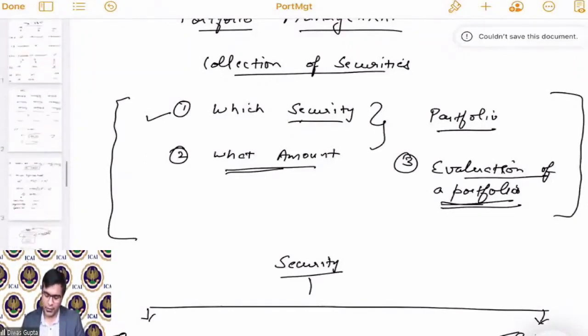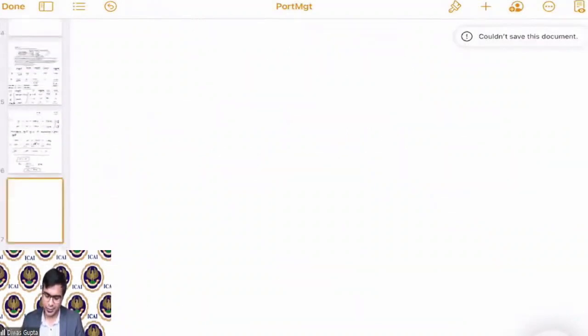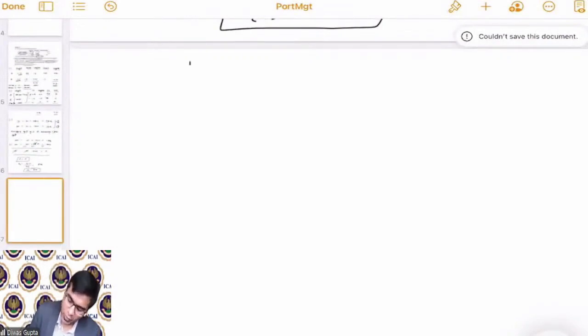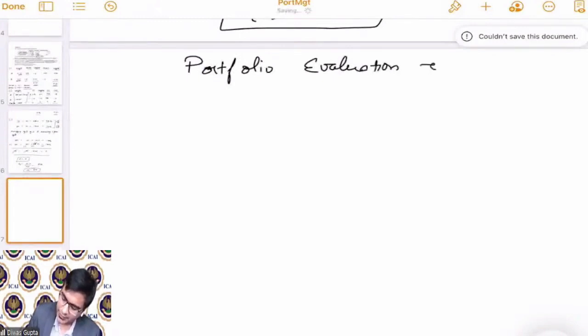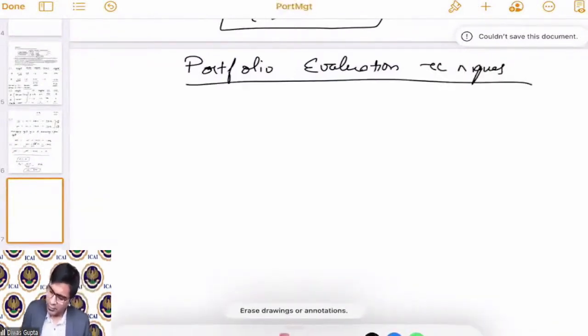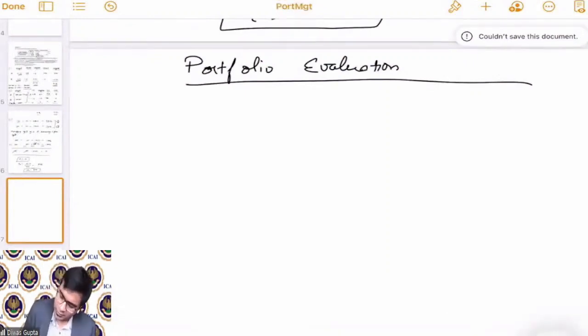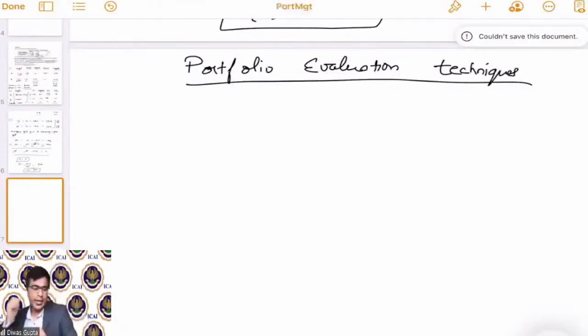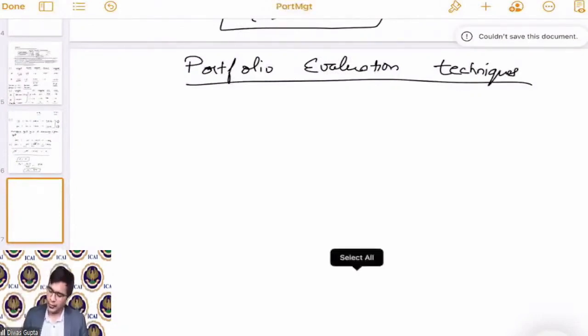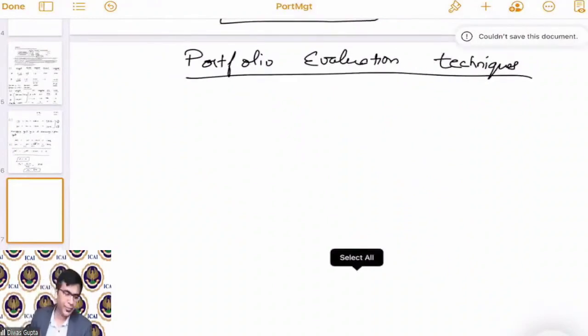Okay, now let us go to this part of the discussion. Portfolio evaluation techniques.